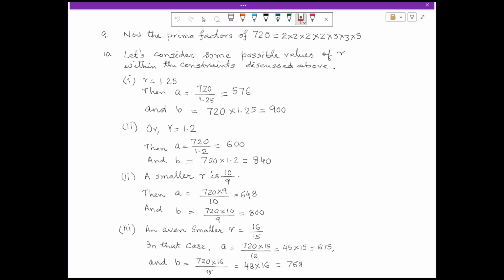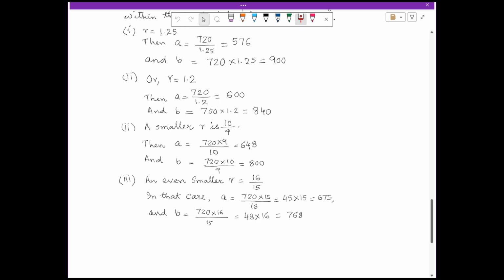A still smaller r is 10 by 9. Then a is 720 multiplied by 9 divided by 10, that is equal to 648, and b is equal to 720 multiplied by 10 by 9, that is equal to 800.